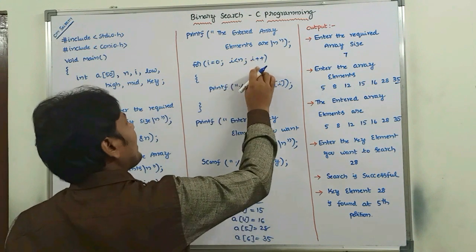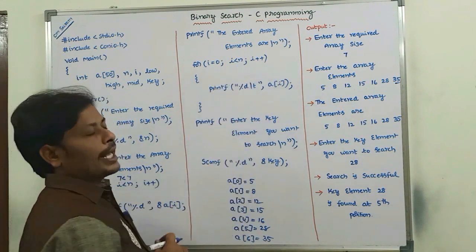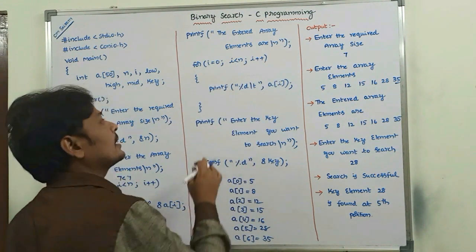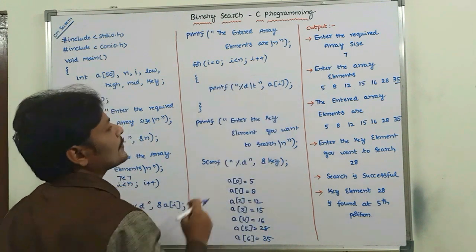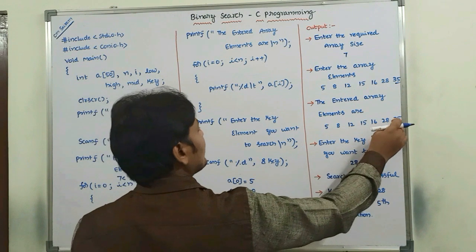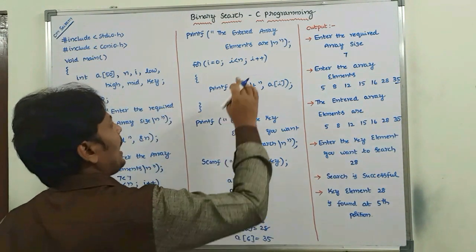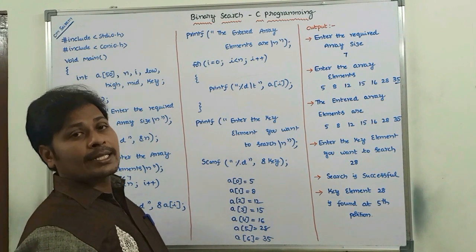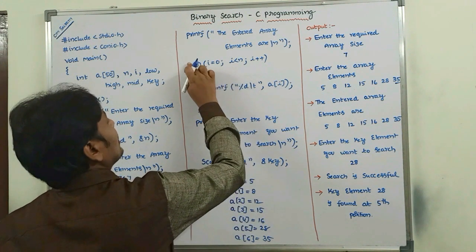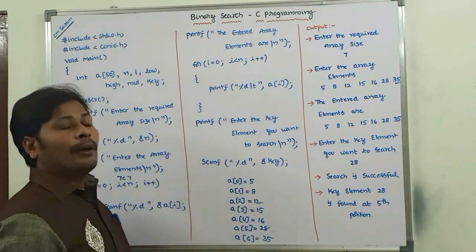Next i value incremented, i value 6, 6 less than 7, condition true. The control goes to the body of the for loop. a[6] value is printed, that is 35. Next, i value incremented, i value 7, 7 less than 7, condition false. The control goes to the next statement after the for loop.